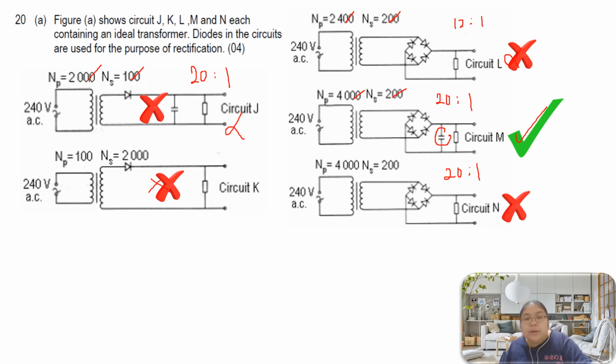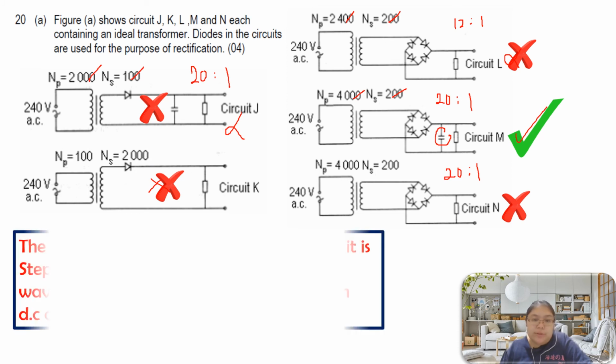So just now for the explanation, you can get 8 marks only, because you got 4 points, and your explanation times 2 gives 8 marks. Okay, the last, number 9, you need to choose. From here, we need to choose circuit M. After you choose circuit M, you need to explain all the aspects. You just copy only.